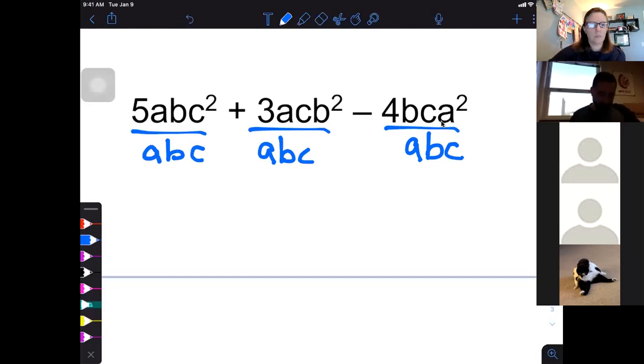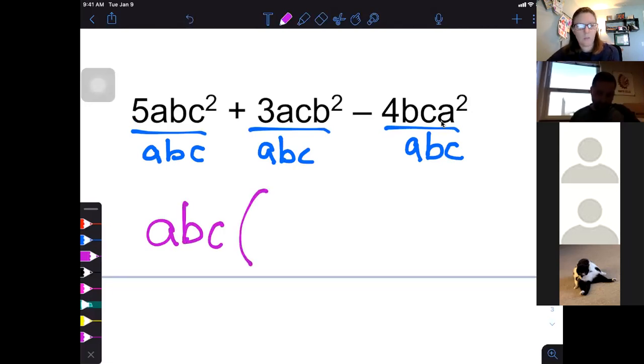So we're going to rewrite that, and then we're going to go through each term. We notice the A's cross out, the B's cross out. If we go to the second term, the A's cross out and the C's cross out. And then the third term, the B's would cross out and the C's would cross out.